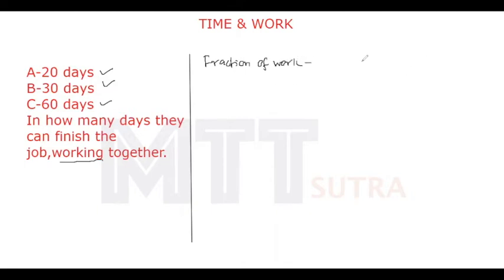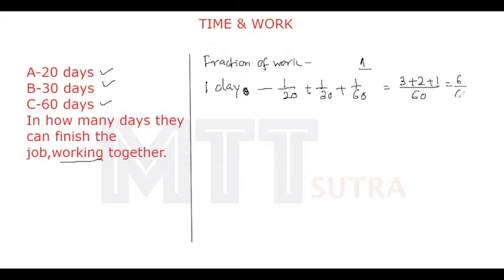I will assume here that my total work is 1. So in 1 day, how much work is done by A, B, and C together? That is 1 by 20 plus 1 by 30 plus 1 by 60. So that comes to 3 plus 2 plus 1, that is 6 by 60, or 1 by 10.